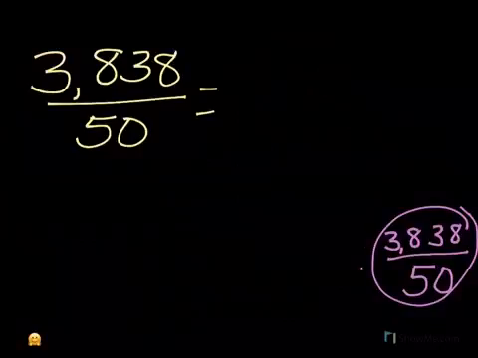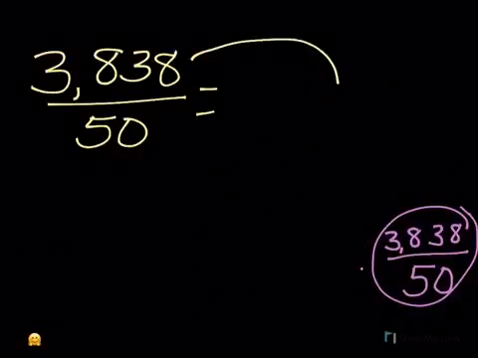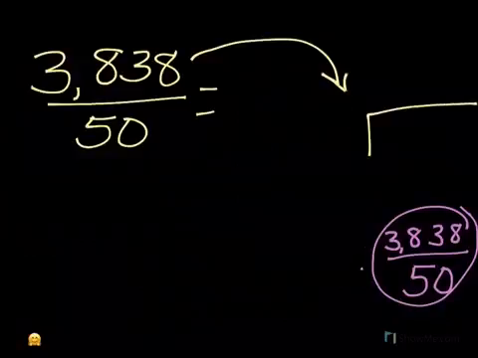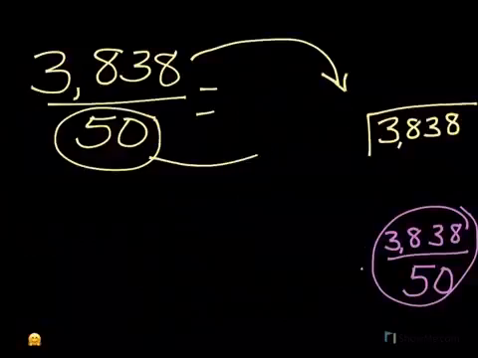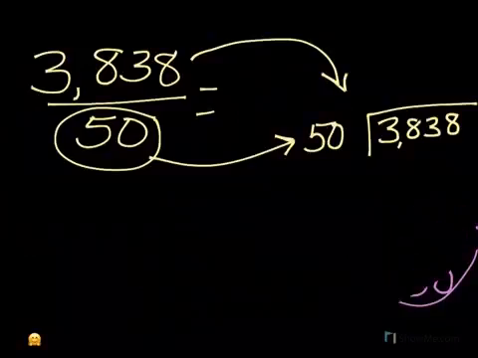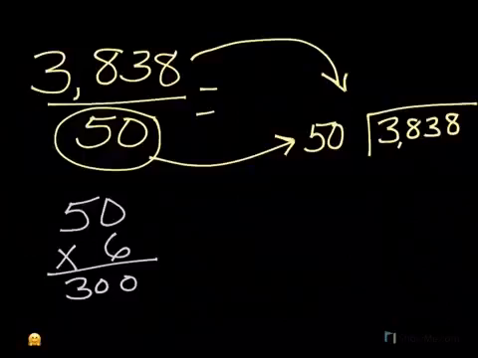To do that, I'm going to take the top number and I'm going to put it in the house. And then I'm going to take the denominator, and that's going to be my divisor. Then I just need to divide. 50 doesn't go into 38, but it goes into 383.